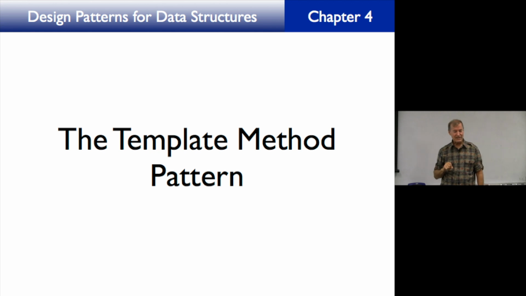Because we have seen C++ templates, right? What is the idea of a C++ template? It's that you design your data structure for an arbitrary type, and then the user of the data structure supplies the type, like double or int.